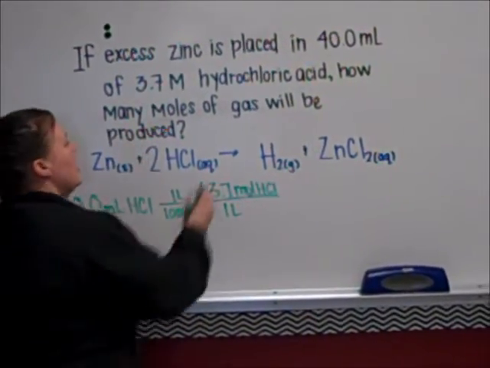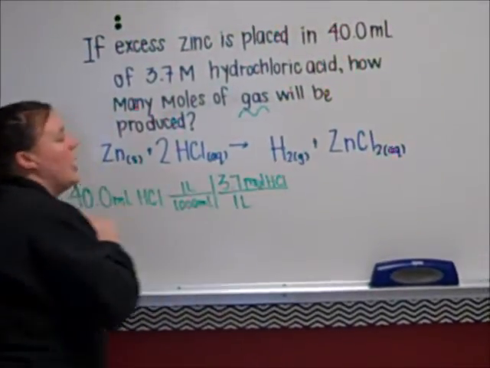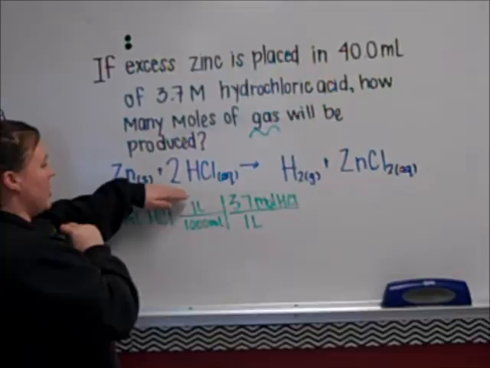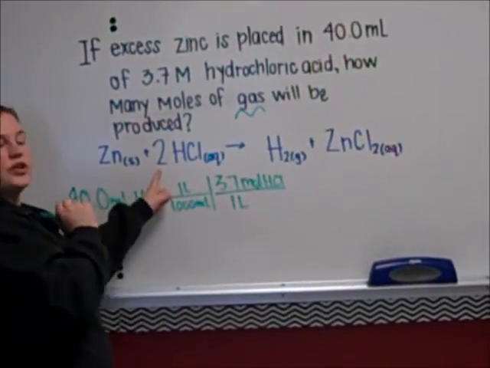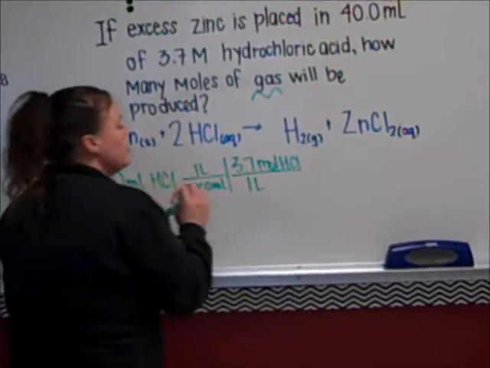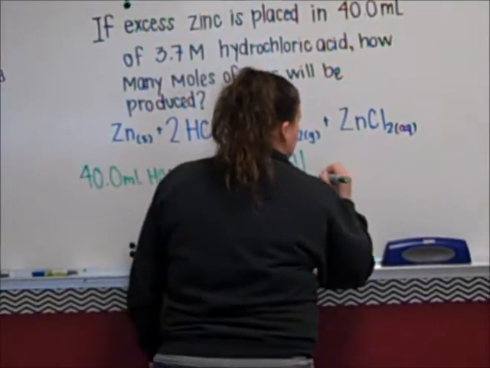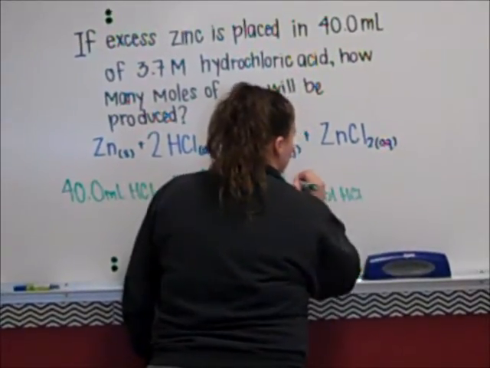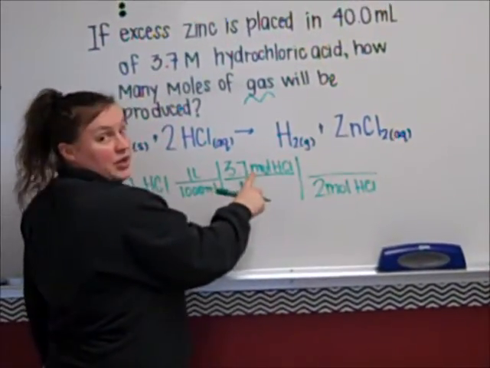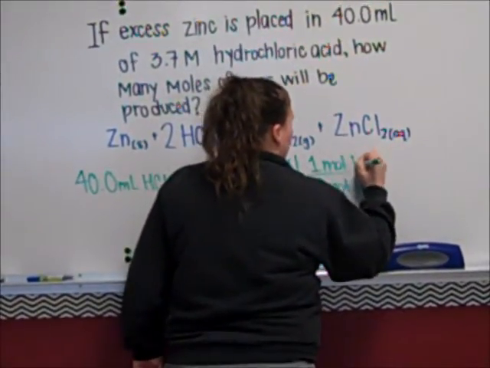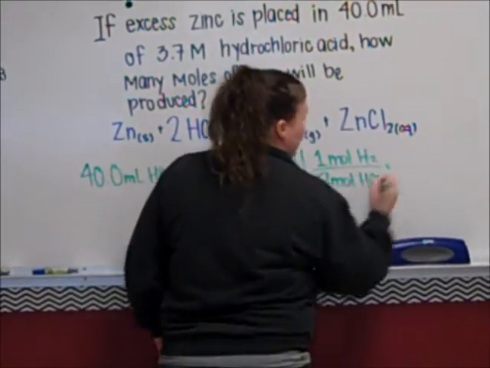We're trying to figure out how much of our gas is produced, so how much of our H2. The mole ratio from HCl to H2 is that for every 2 moles of HCl, we have 1 mole of hydrogen gas produced. So we would say 2 moles of HCl on the bottom, since it's on top here so that they cancel, is equal to 1 mole of hydrogen gas.